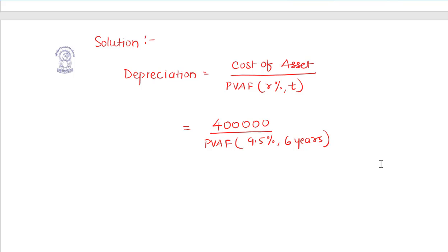Calculate it using your calculators. So it would be 4 lakh divided by PVAF 9.5% 6 years. Do it along with me on your calculator. Type 100 divided by 109.5 equal to.